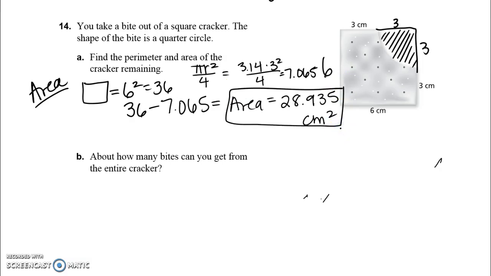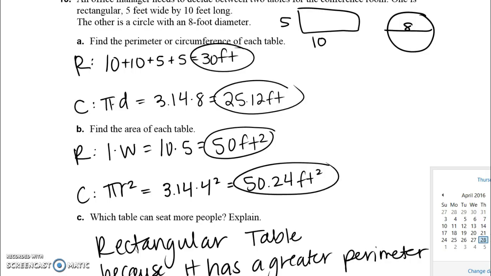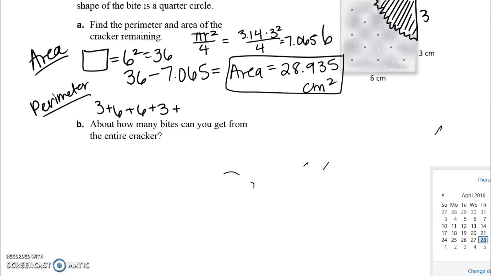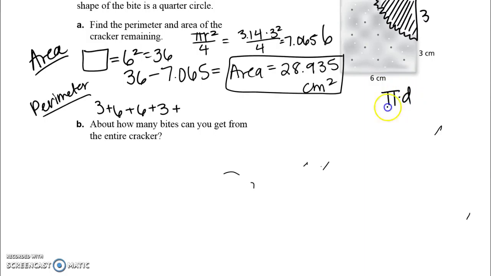The perimeter, you need to find this distance, which is a fourth of the circumference. So you add up your sides, you have 3 plus 6 plus 6 plus 3, and then you need to find that. The way you find that distance is pi times diameter divided by 4.